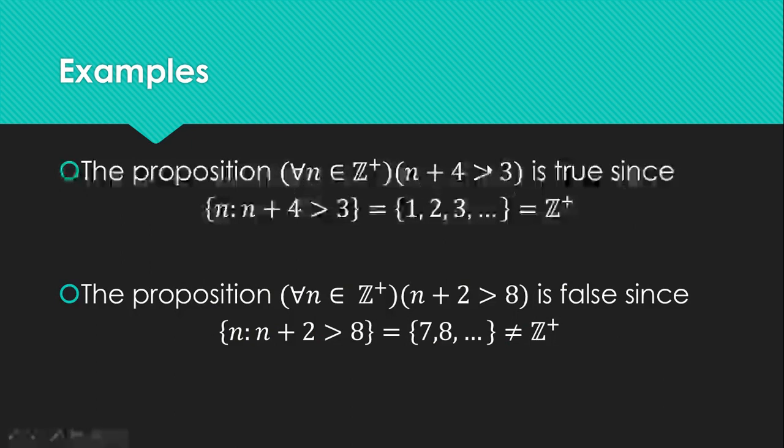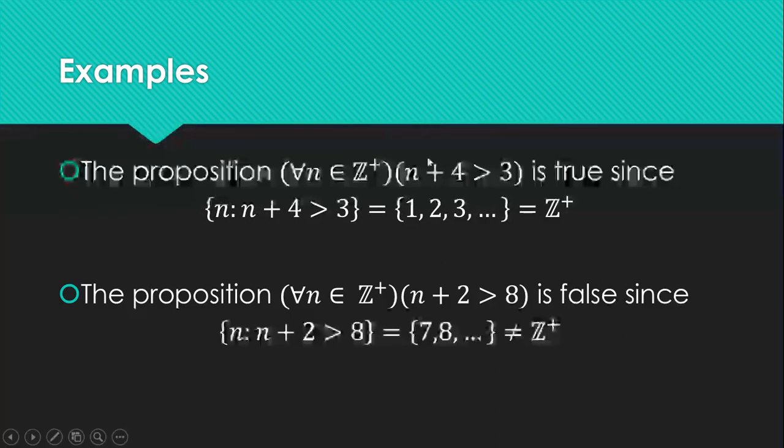Because if you start off with the first element of the set of positive integers, the statement will be true. Say, for example, we have n = 1, then 1 + 4 is greater than 3. 2 + 4 is greater than 3. Now, the idea in the universal quantifier is that all of the elements of the given set should satisfy the propositional function.